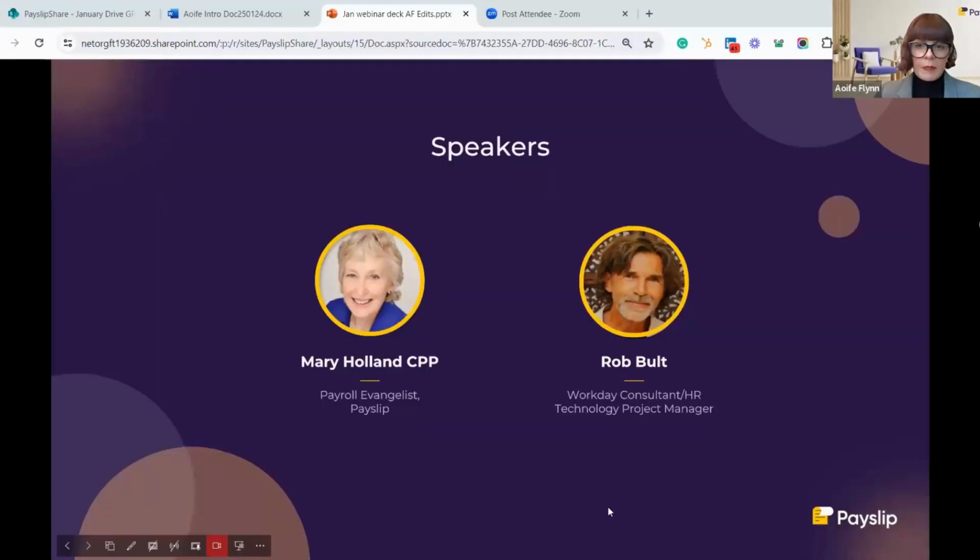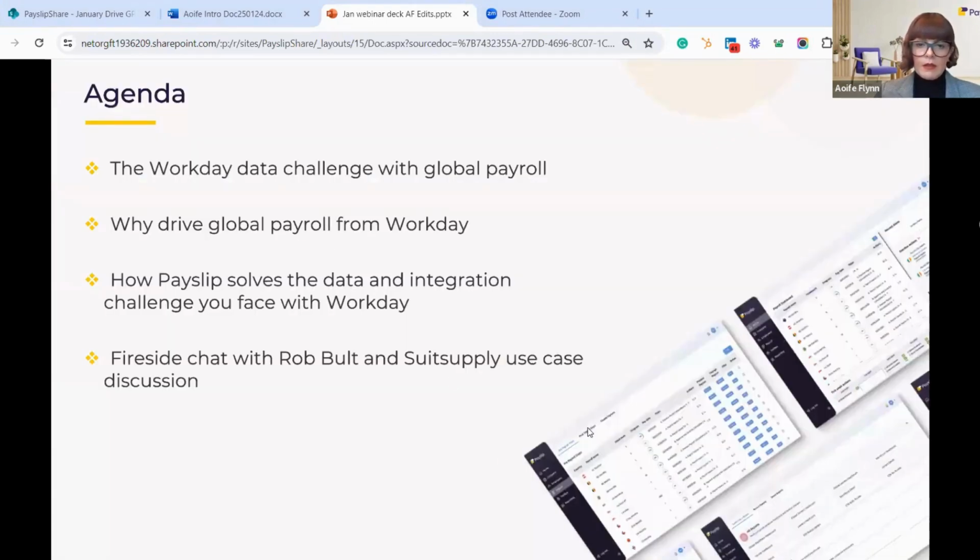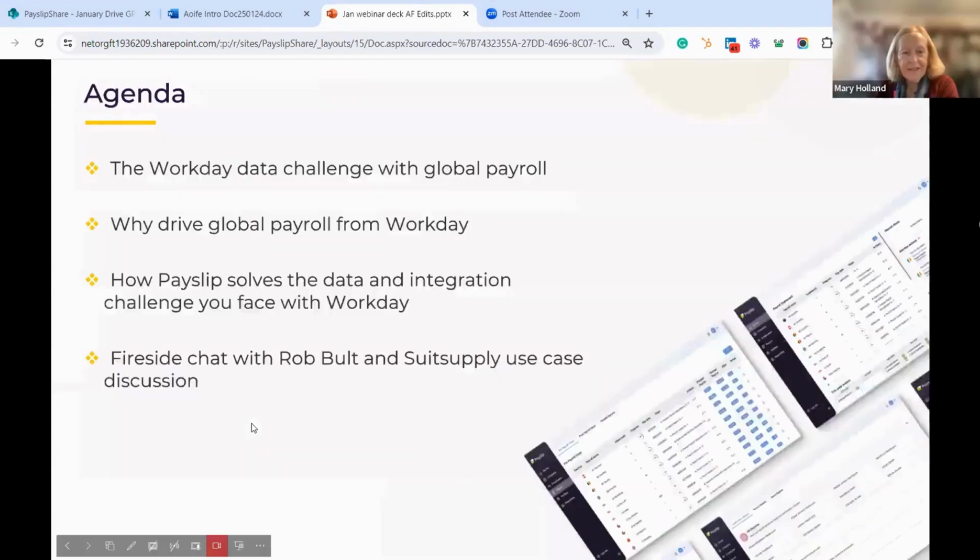Just one moment. Now, you should be able to see that, and I'm just going to put it in screen share mode, but unfortunately technology is not cooperating.